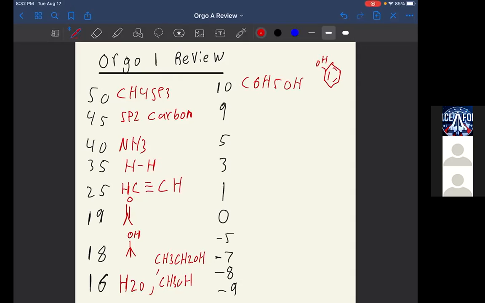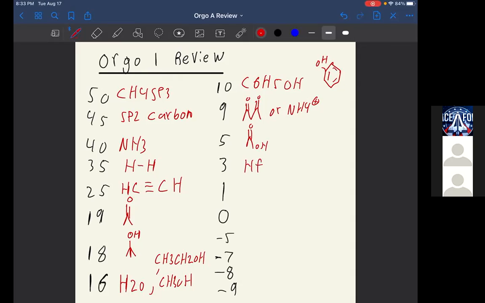Yes. Okay. Now then for 9, you either have this or you have NH4 positive, and then if you actually drew its conjugate base and acid, it'd be NH3 ammonia. And then for 5, that. Then for 3, you have HF.